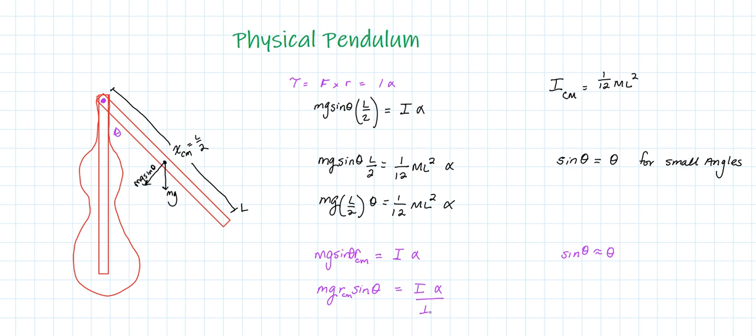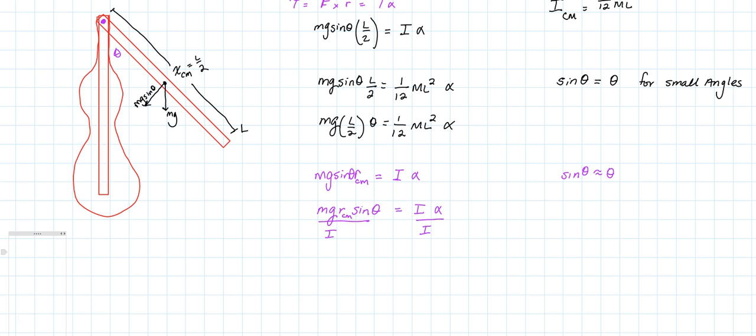I'll divide by I. Okay, and I'm going to go ahead and make the approximation for the angle. So I have mg r at the center of mass over I, so all of that is a constant, okay, times theta equals the angular acceleration, which I'm writing as the second derivative of the angular position.